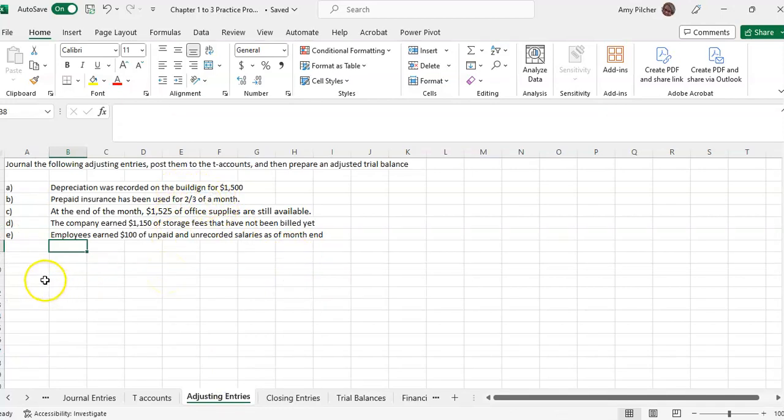So we're going to look at, first let's look at depreciation expense. So all of these take place on July 31st. So, oh, I see I typed the building wrong again.